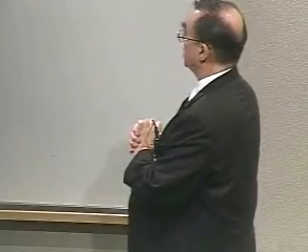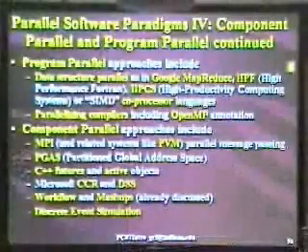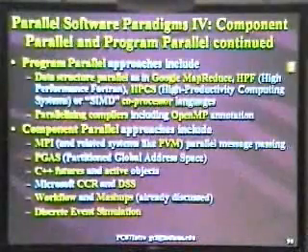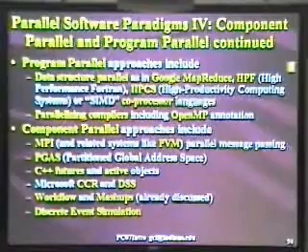Yes. So here are some examples of these various approaches, with program parallel approaches and component parallel approaches. Here is an example of one where you could say this is good or bad: you try to make writing MPI a little easier by using global array indices to automatically generate the MPI calls.